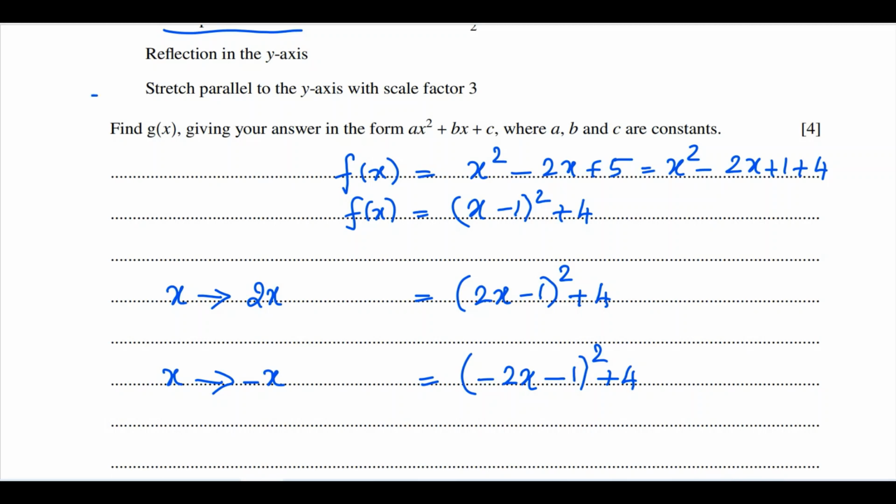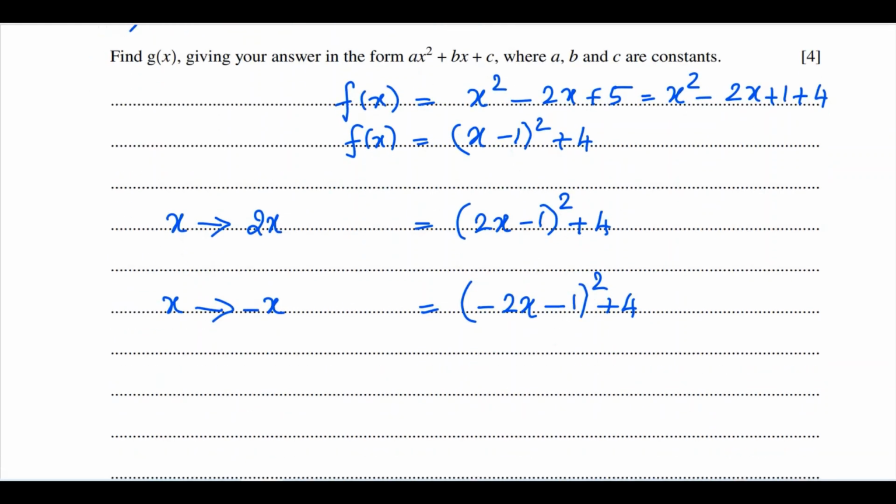Then the third one is stretch parallel to the y-axis with scaling factor 3. So again it's a stretching and the scaling factor is 3. So the entire equation will be multiplied by 3.